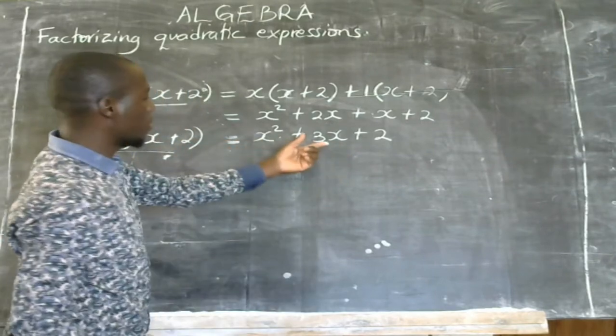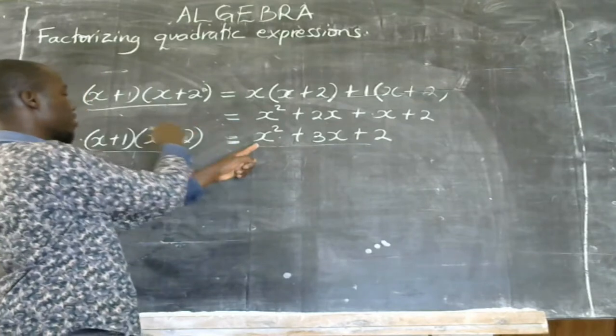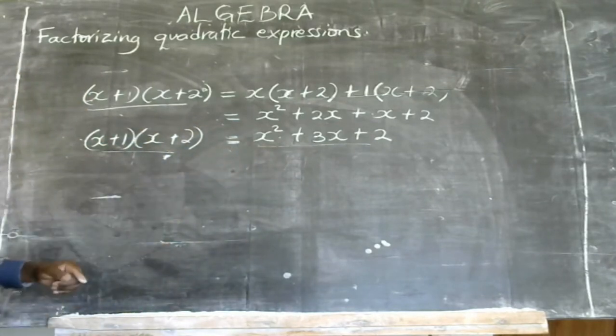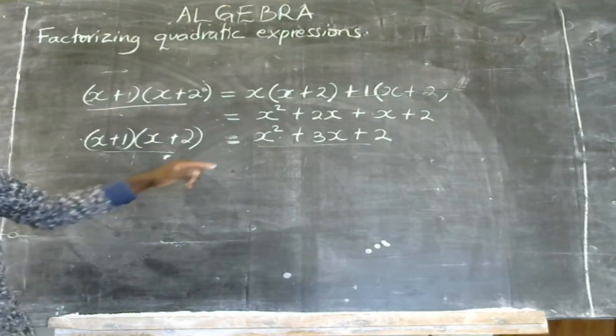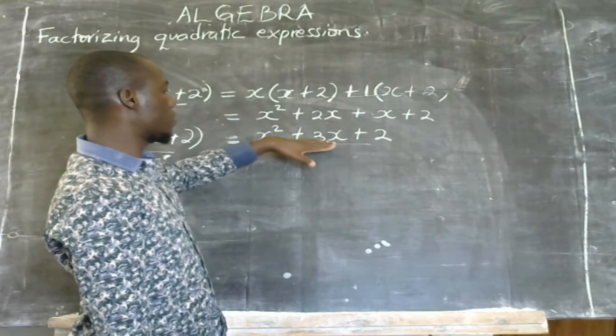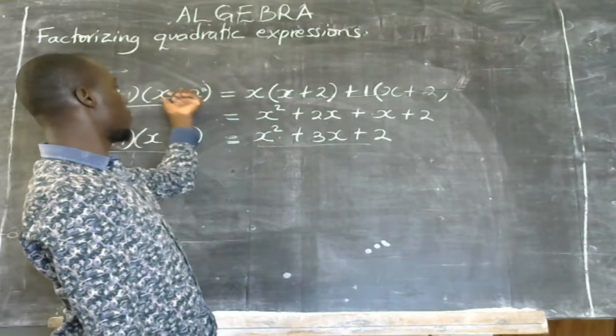Now what we are going to do is be given such an expression, and we need to take it back such that it can have brackets. We shall be going through the steps just the way you see them. We shall be working backward in order to go back to that one.